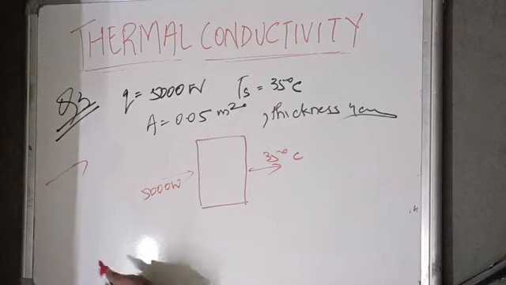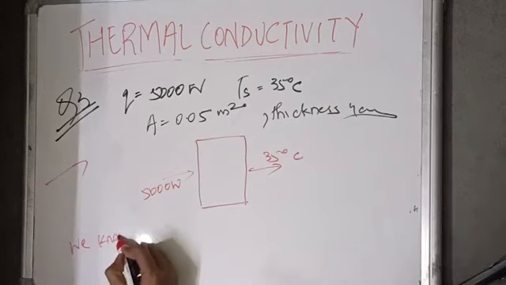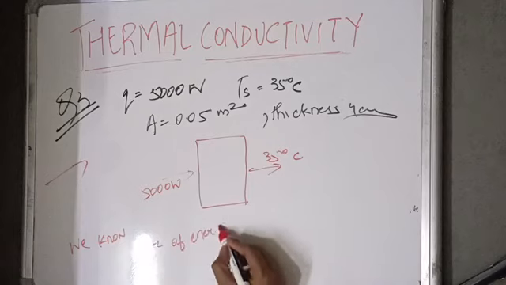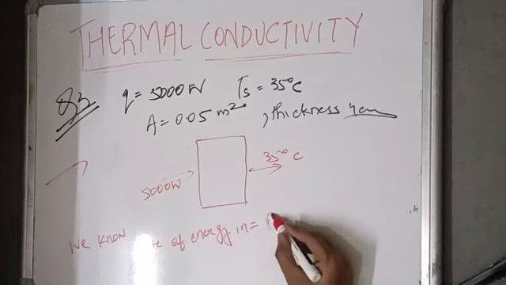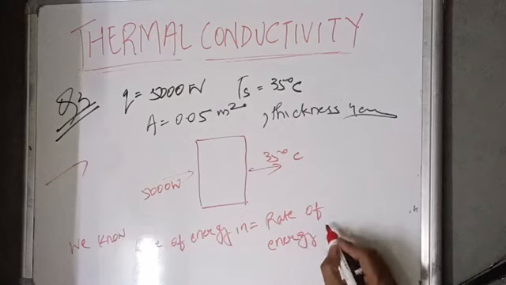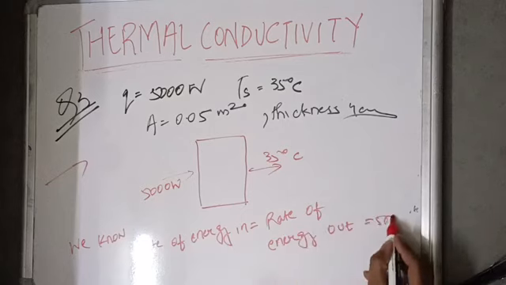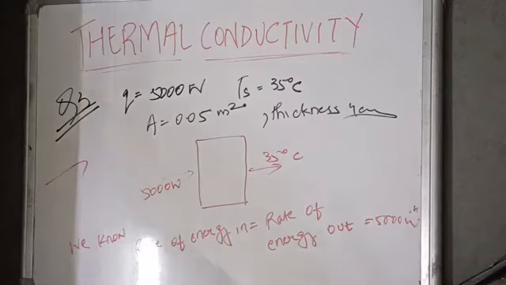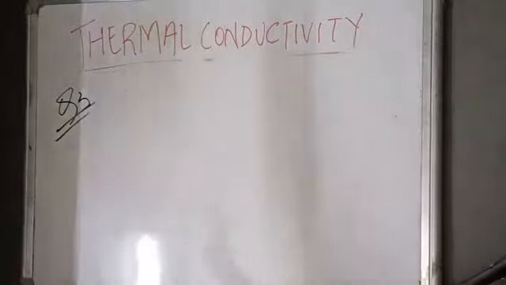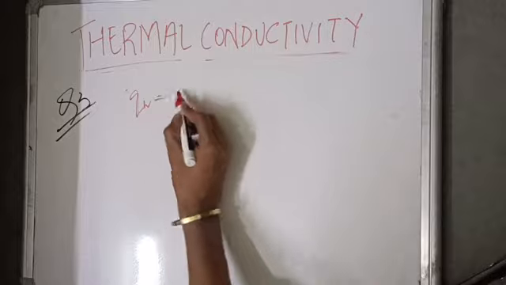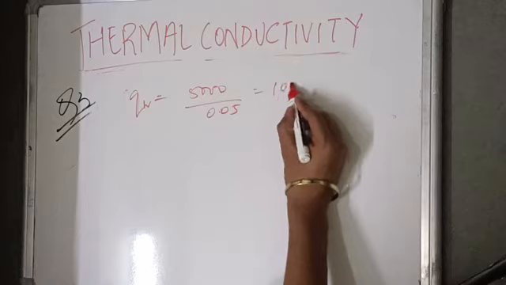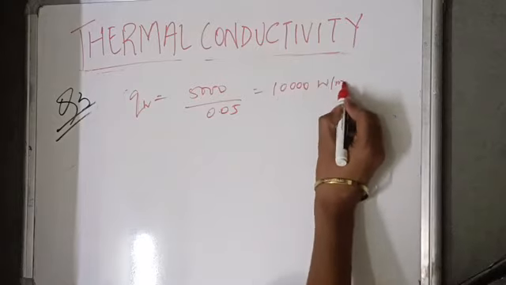We know that rate of energy in equals rate of energy out, which is given as 5000 watt. Then we find the flux. Flux is rate upon area. We have got 10,000 watt per meter square.